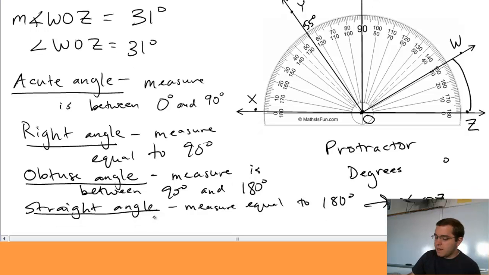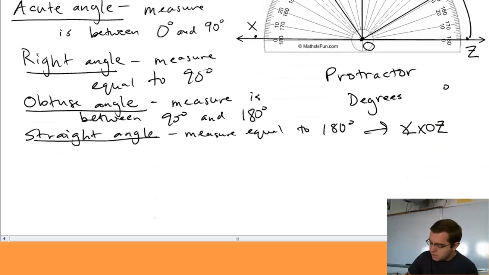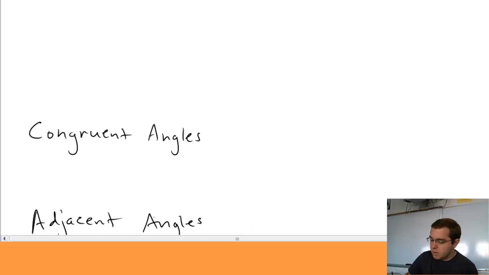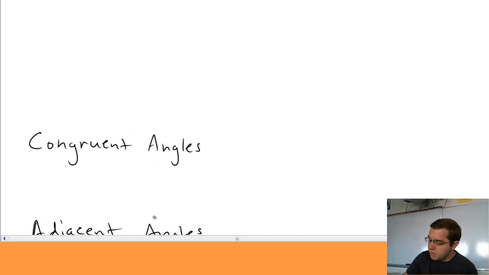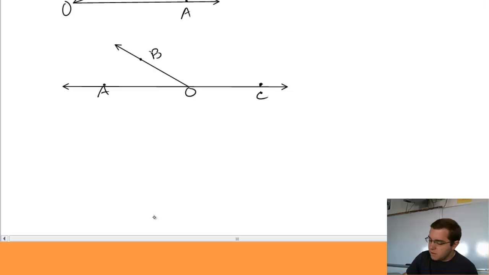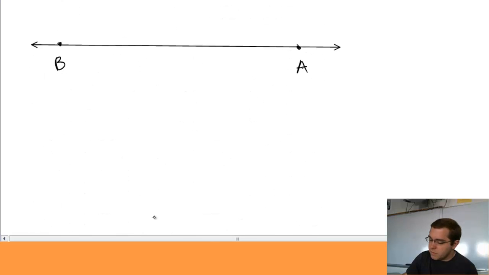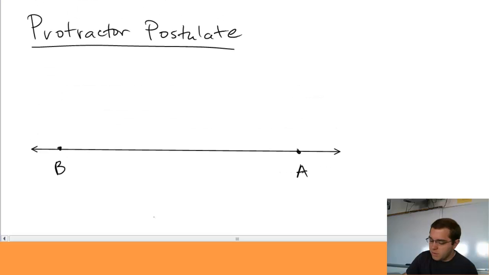Now, I just had a protractor pictured here, but what tells me that I can always form such a thing? Well, last time we had the ruler postulate that said if we had a line, we could pick any point to be 0 and any point to be 1, and we could make a ruler out of it.